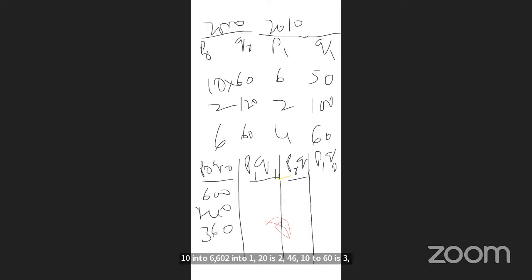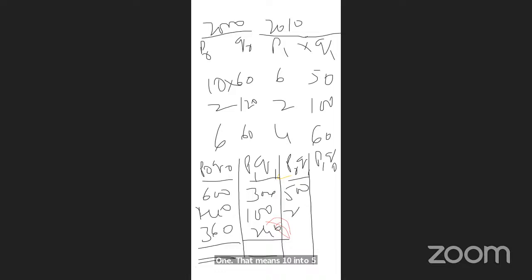Now P1 into Q1. So 6 into 50 is 300. 2 into 100 is 200. 4 into 60 is 240. So calculate the totals of these two. Now P0 Q1, that means 10 into 50, 500. 2 into 100 is 200. 6 into 60 is 360.